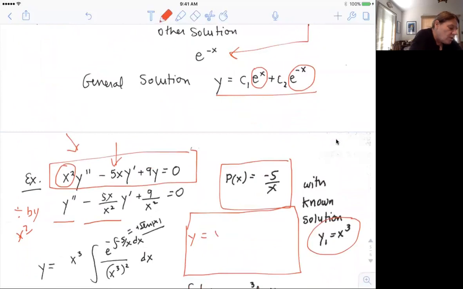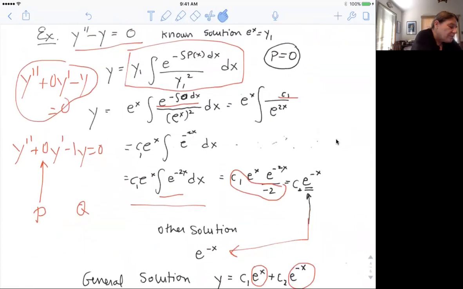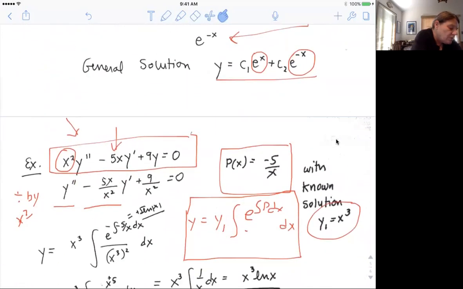Is y1 times the integral of e to the integral p dx, all over y1 squared, okay? So in this case, I'll write down the formula, all over y1 squared.